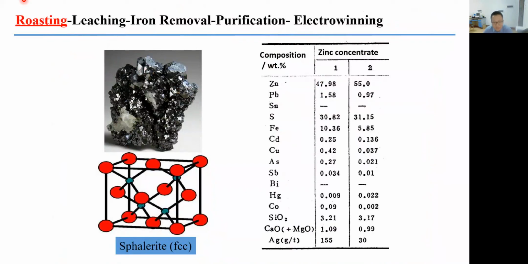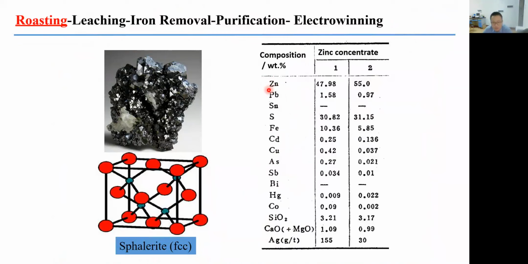So the roasting, as I have mentioned, the face-centered cubic crystal structure, zinc sulfide, sphalerite. So this should be processed, and we need only one element, zinc. So zinc should be separated from the rest of the elements in this table. So what should we do?